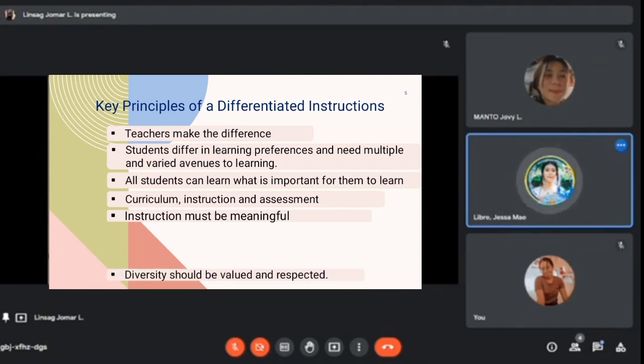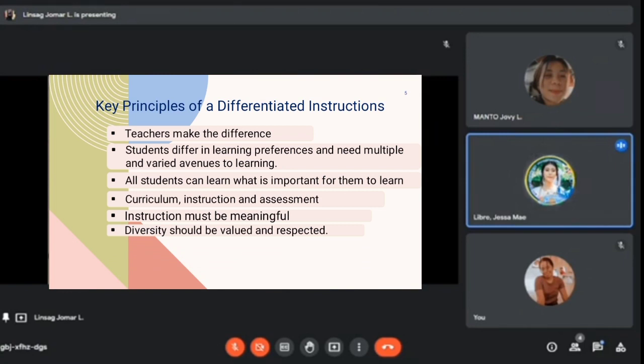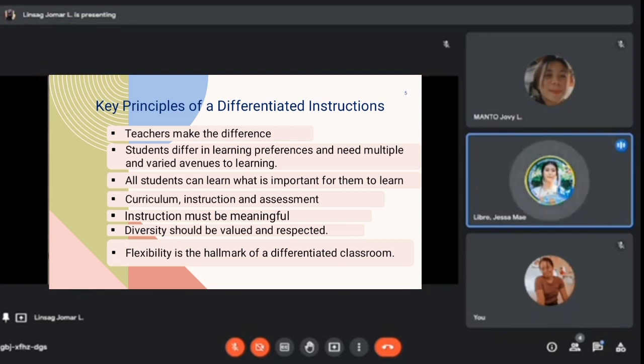Next is diversity. Diversity should be valued and respected. This is important so that students feel that they are valued and respected inside the classroom. And last, flexibility is the hallmark of a differentiated classroom.